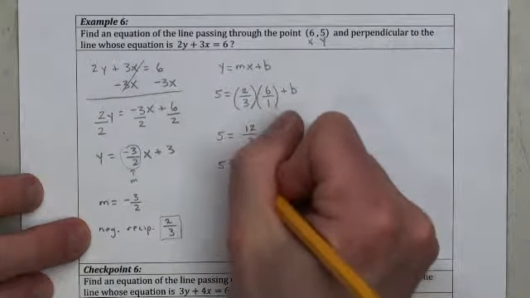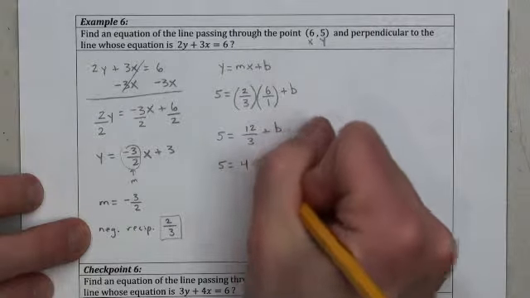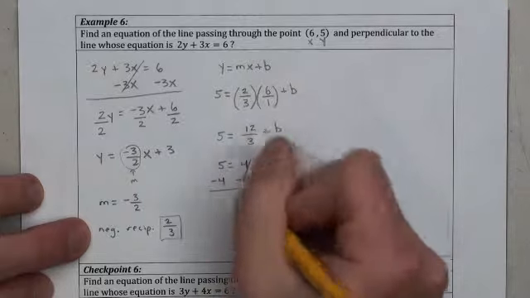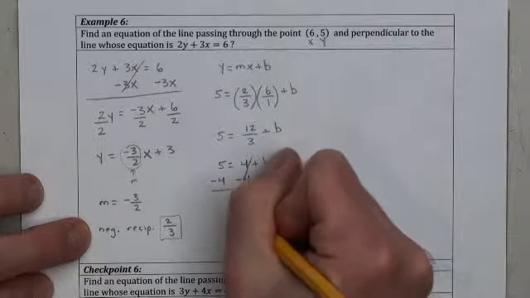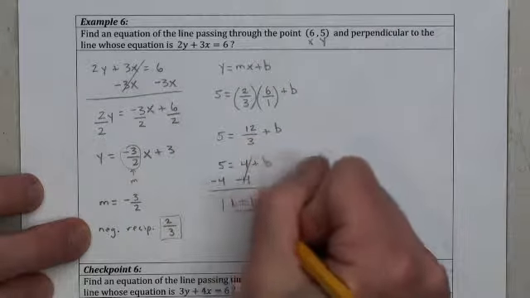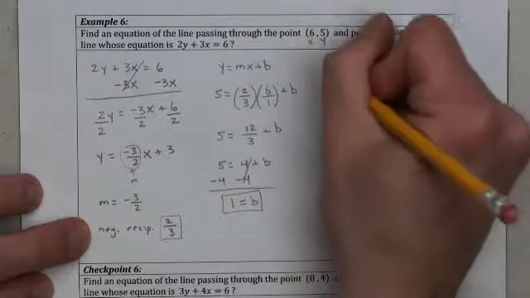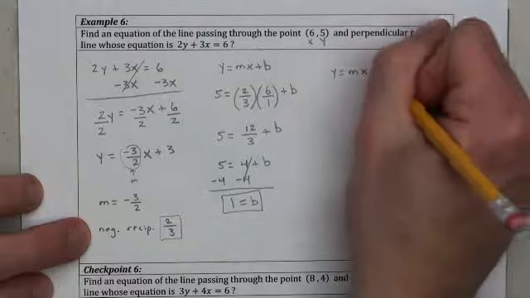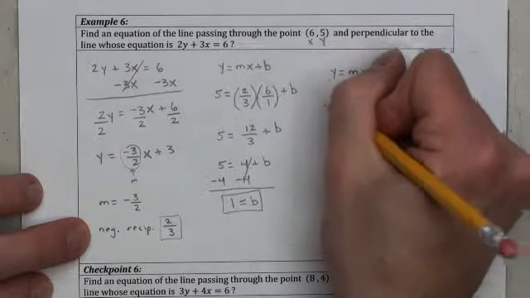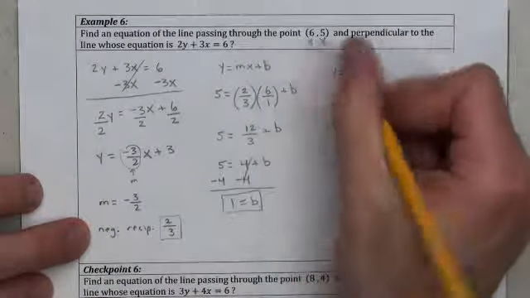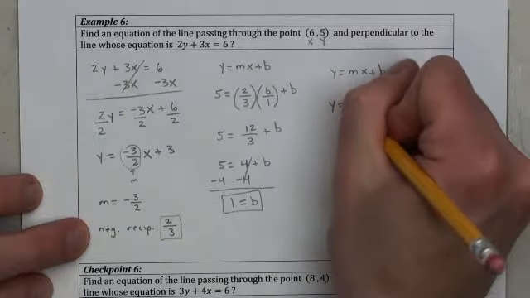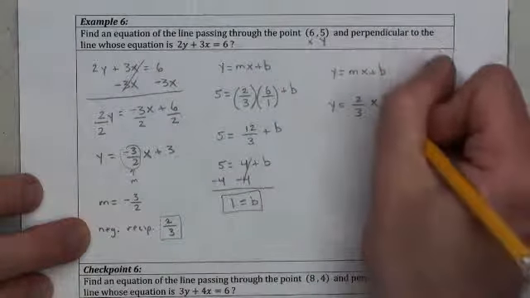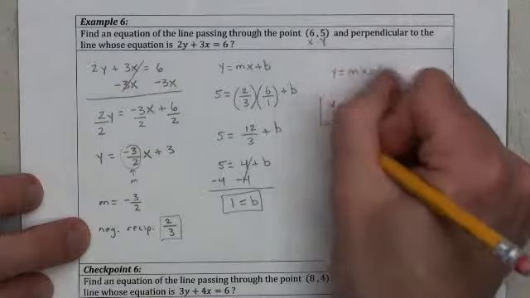So 5 equals 4 plus b, subtract 4, and b equals 1. That's the second piece of information I need. So now I can write the equation of my perpendicular line. Y equals, I use the negative reciprocal for the slope, 2/3 x, and then I use my b for b, plus 1.